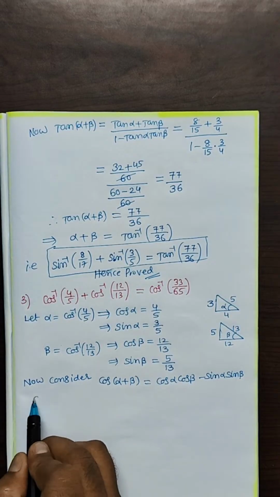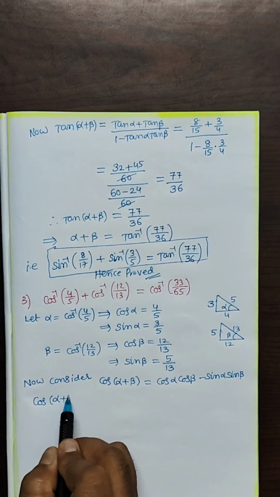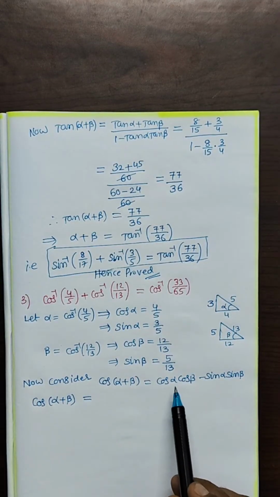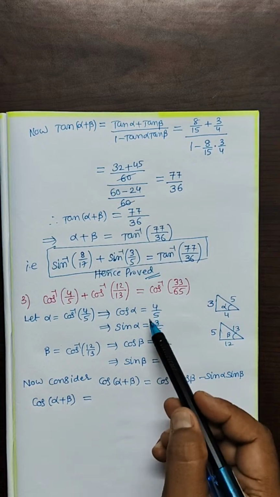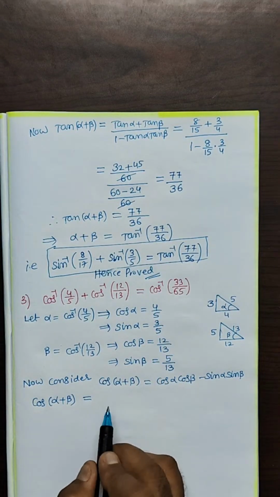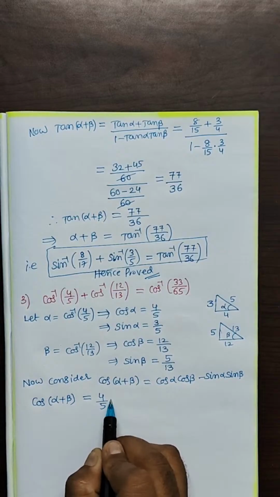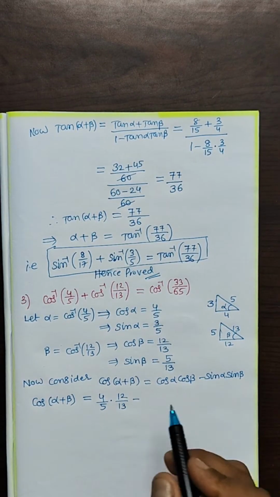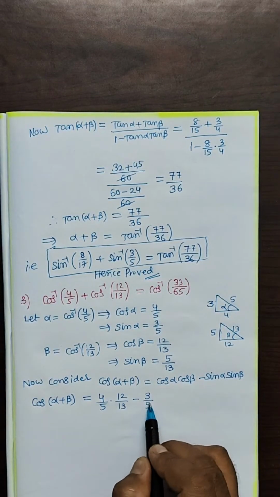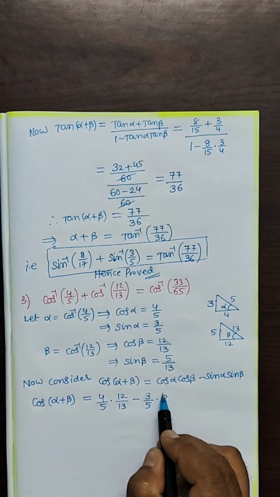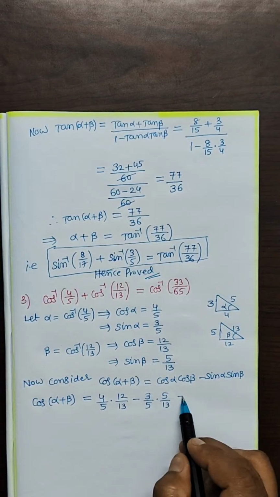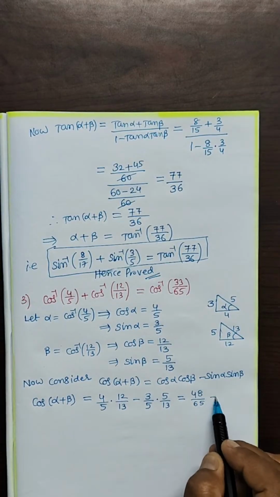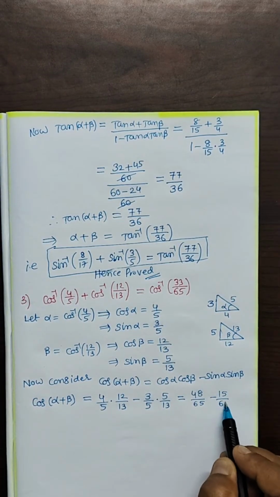So therefore cos of alpha plus beta is equal to, now the respective values of cos alpha, cos beta, sin alpha, sin beta here substitute. So cos alpha value 4 by 5 into cos beta value 12 by 13 minus sin alpha value 3 by 5 into sin beta value 5 by 13. So which is equal to 48 divided by 65 minus 15 divided by 65.